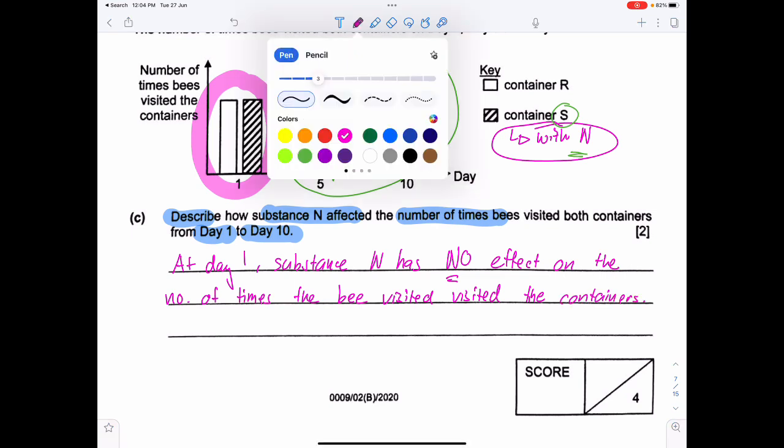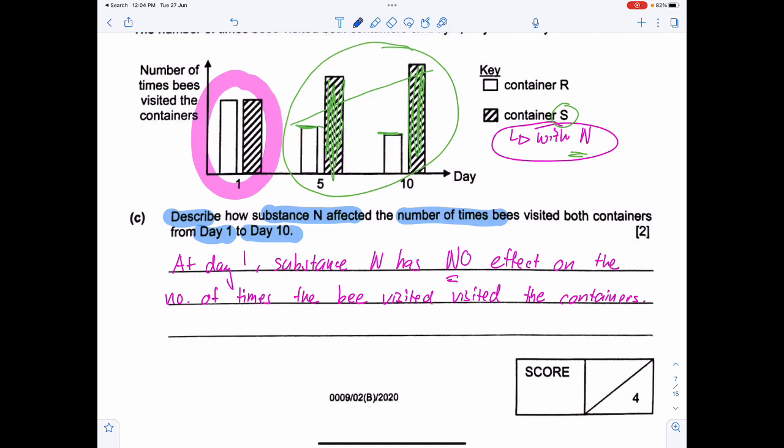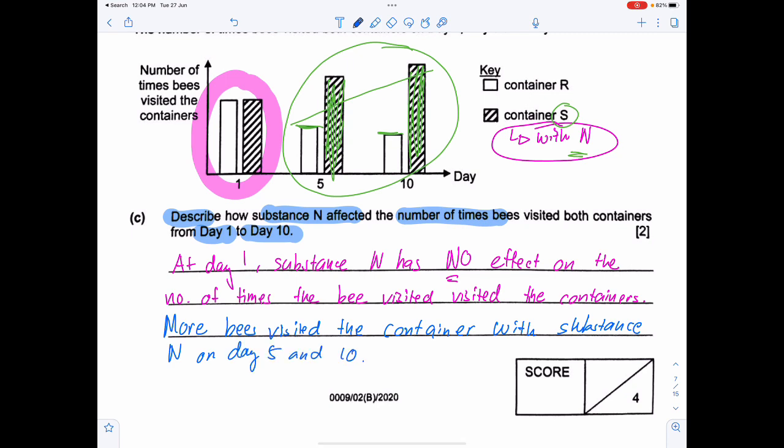And then the second trend would be that more bees visited the container with substance N on day 5 and 10. Okay? So be very careful when you are looking at your graphs.